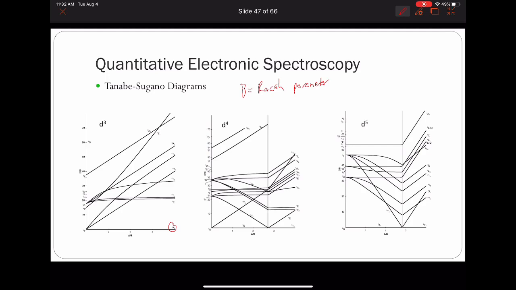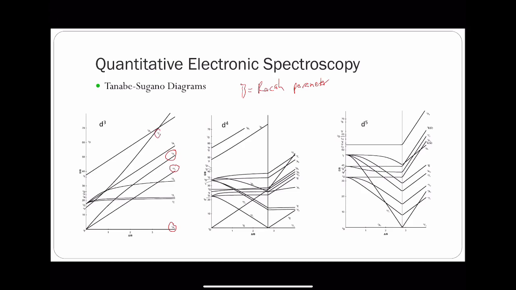The first excited state that we encounter is a quartet T2, and it remains the first excited state regardless of what the delta octahedral value is. Our second excited state, regardless of what delta octahedral is, is quartet T1, and then our third allowed excited state is also quartet T1. So we have two quartet T1s for our excited states. And you can tell that we would expect to observe three different electronic transitions, from ground state to excited state, for a d3 system.